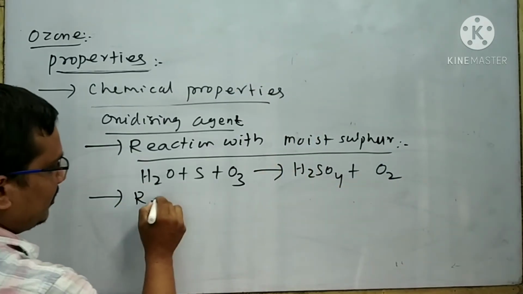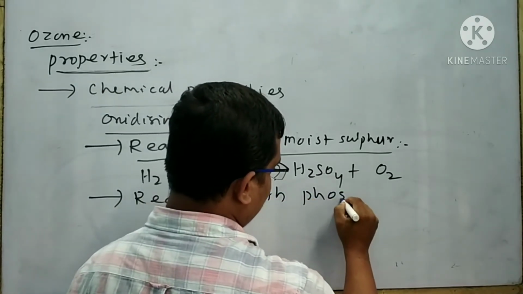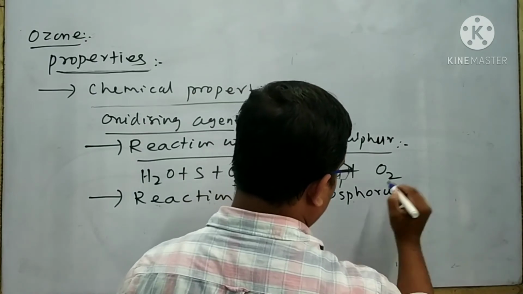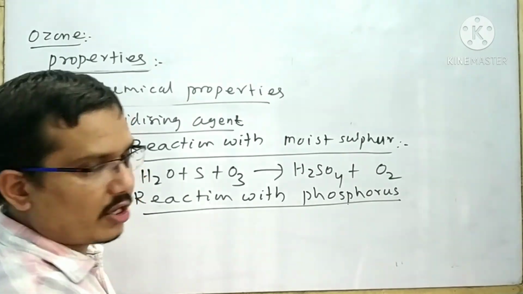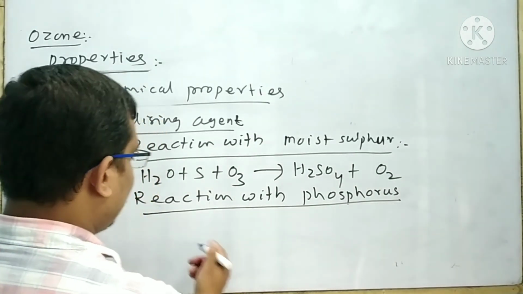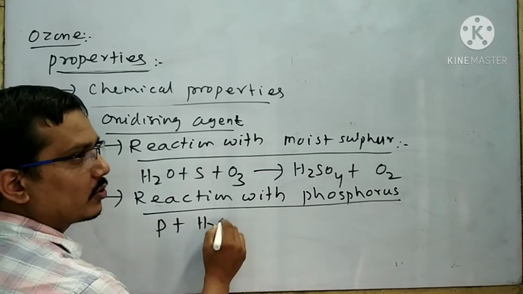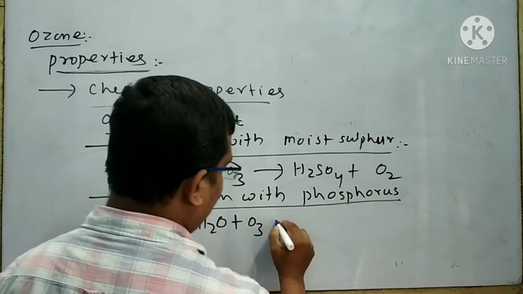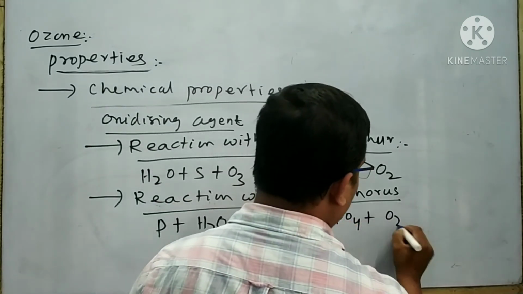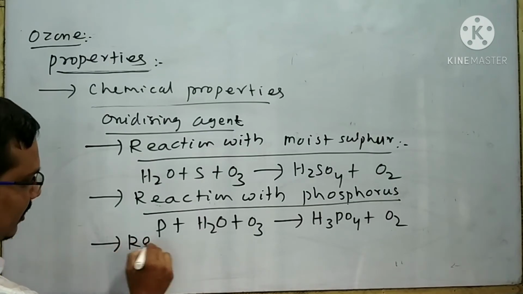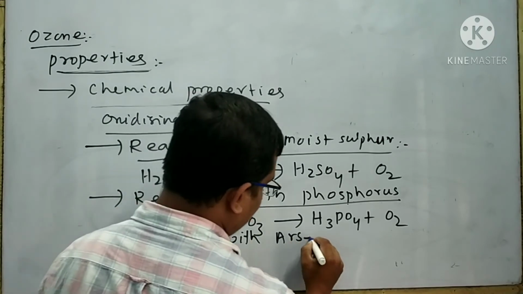Next reaction is the reaction with phosphorus. Ozone oxidizes the phosphorus to phosphoric acid. So I can write the reaction like this: P plus H2O plus O3 gives H3PO4 plus O2.